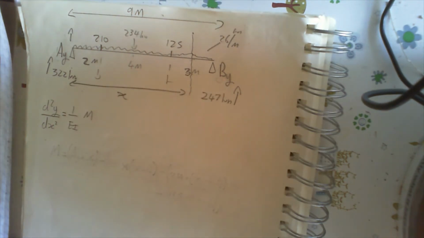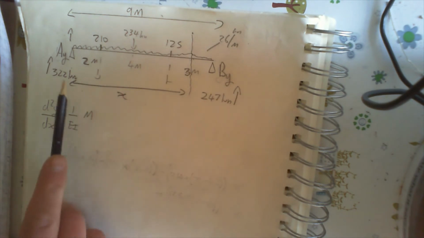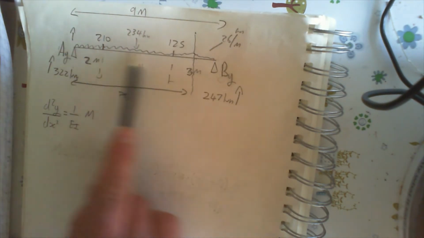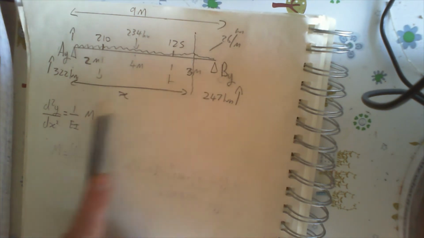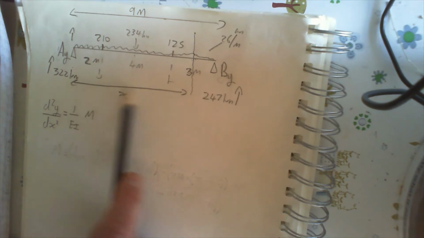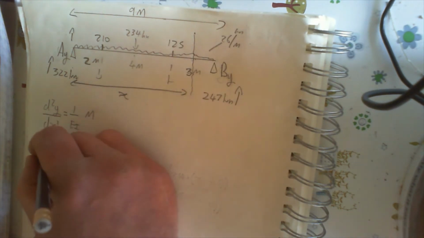Okay, there's a beam there, the length 9 metres total distance from there to there. We're going to take a wee section here, and this is going to be distance x from the left hand side. So let's look at the moments here.